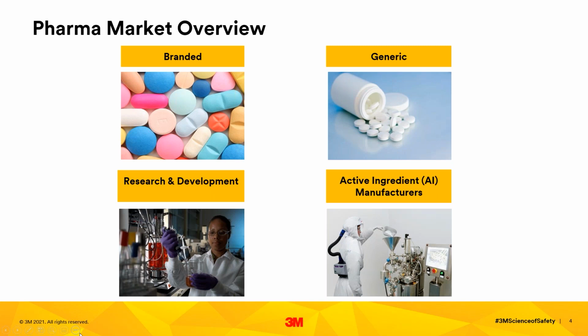When we look at the pharmaceutical industry as a whole, we really have four different kinds of organizations. We've got our branded manufacturing plants that do your name brand manufacturing of products. We've got the generic companies that basically wait until the patents run out, and then they tend to manufacture a larger scale of different solutions and products.